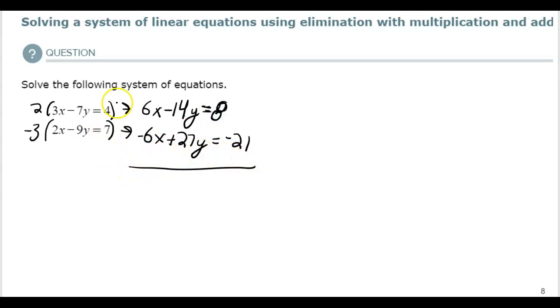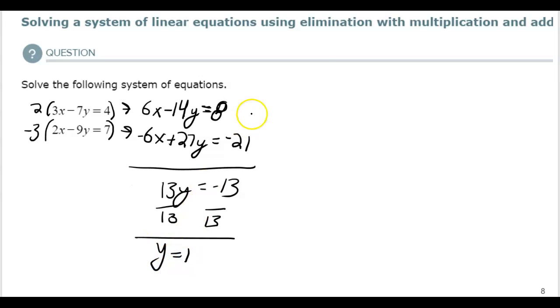So go ahead and pause your screen, take the time to solve this. You end up with 13y equals -13. Y equals 1. Then we plug that back into one of the original equations.